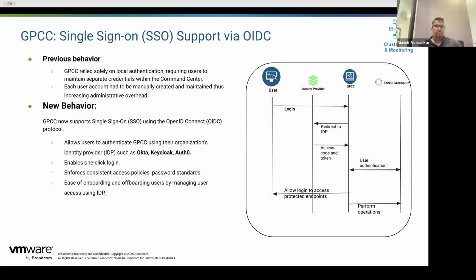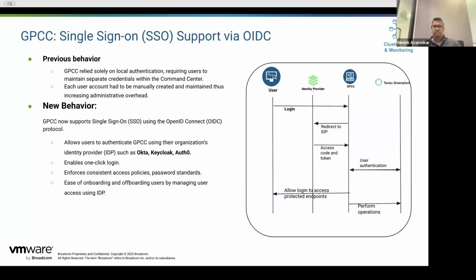We also have a plan to introduce single sign-on support with GPCC in the next release, GPCC 7.6. This basically means that if you have an identity provider within your organization, such as Okta or Keycloak or Auth0, you can deploy GPCC as a web server application where it will give you the ability to perform single sign-on using your IDP credentials, right?